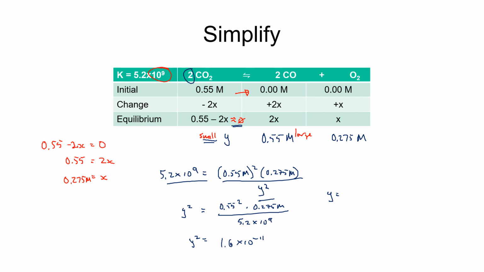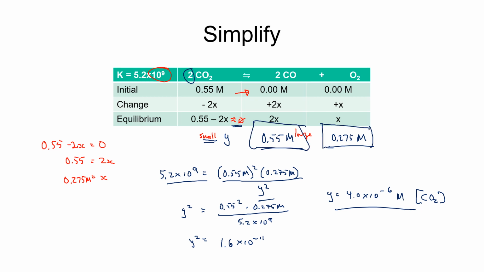So let's see if we can just do that here. Yeah, look at that, 4.0 times 10 to the negative 6. So a very small concentration, this would be our concentration of CO2. And the other two we can leave as their large assumed values, right? So you've got concentrations for all three now. Yay, you did it.